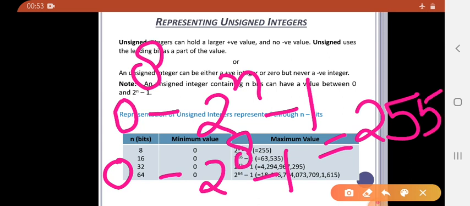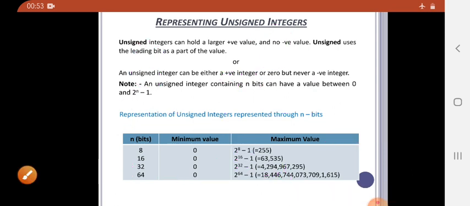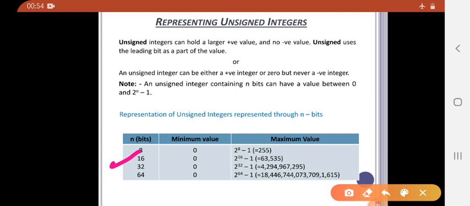And why is it 255? Because the number started from 0, and 0 is also counted as an integer here. So whatever the number of bits, it will give you one less value. If there are 16 bits, then also it will give you one less value. If 32, then also, and if 64, then also. So always keep in mind, an unsigned integer containing n bits can have a value between 0 and 2 to the power n minus 1.